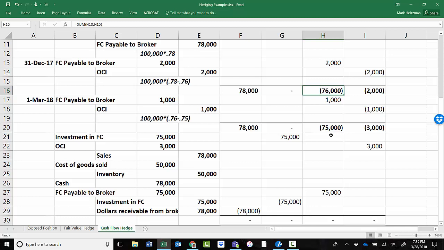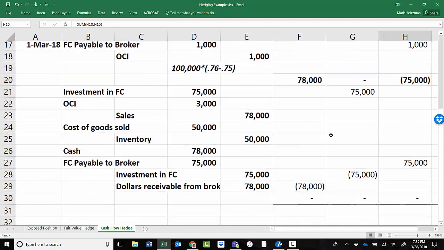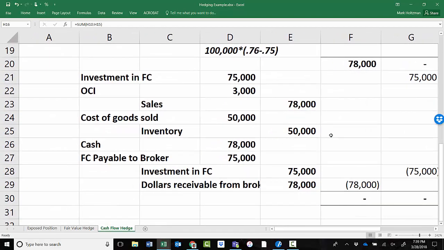I debit cost of goods sold for $50,000, credit inventory for $50,000, and last but not least, I wrap up the whole thing. I'm really excited. I can't believe I got through this mess. I debit cash for $78,000 because I got my money back from the broker. Credit dollars receivable from broker. And remember again, this was what we wanted. We wanted $78,000 and we didn't want to have to worry about how much money we got.